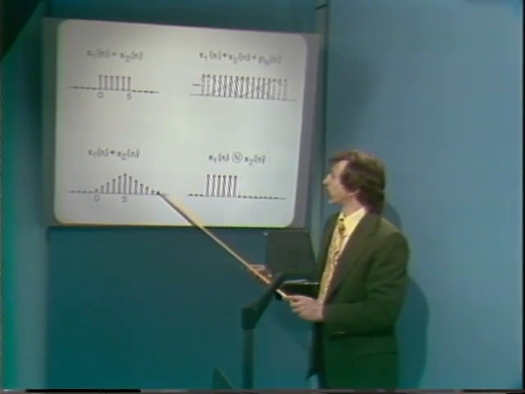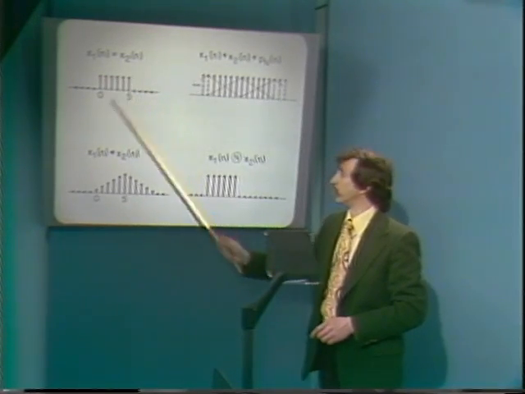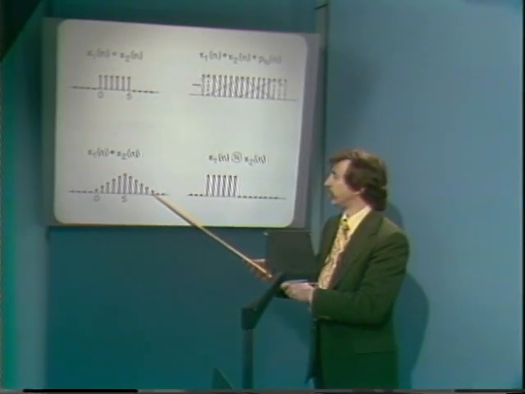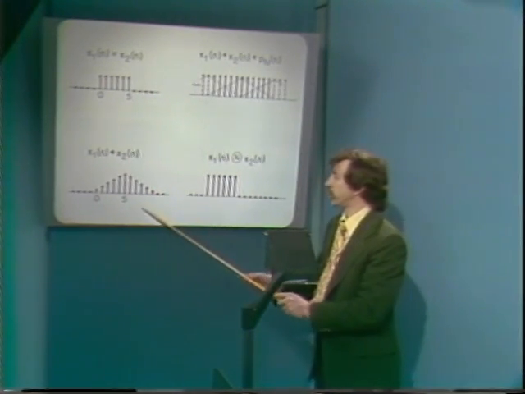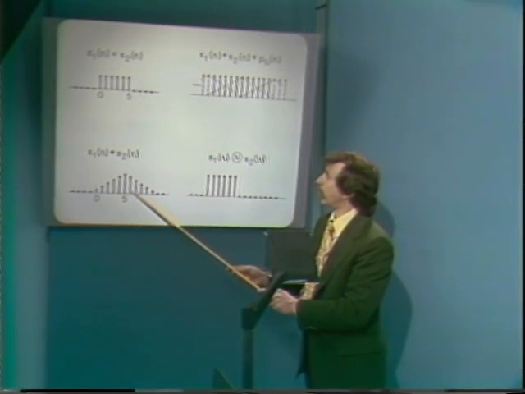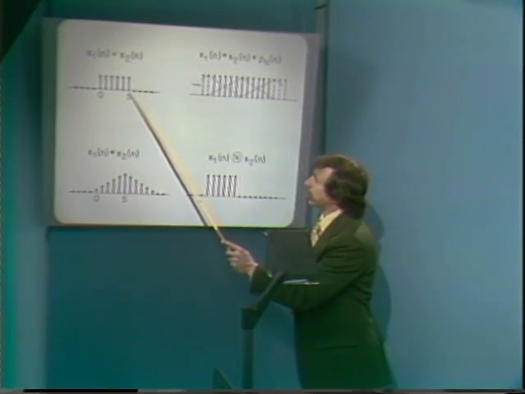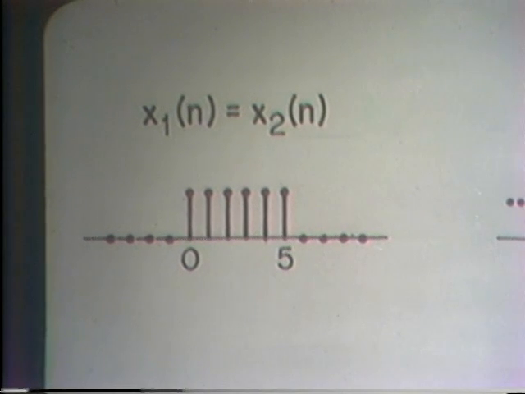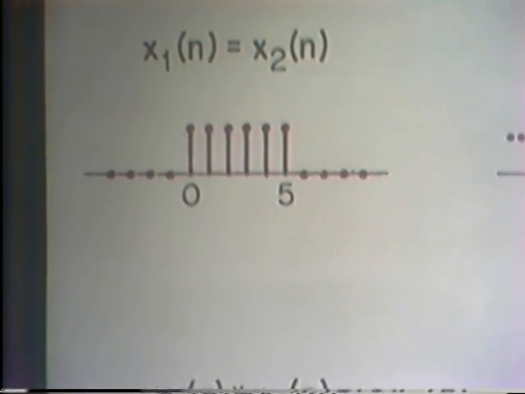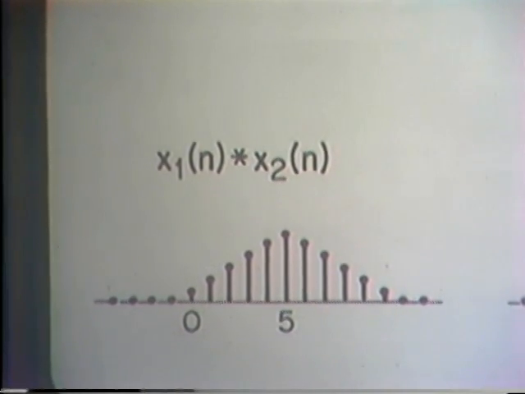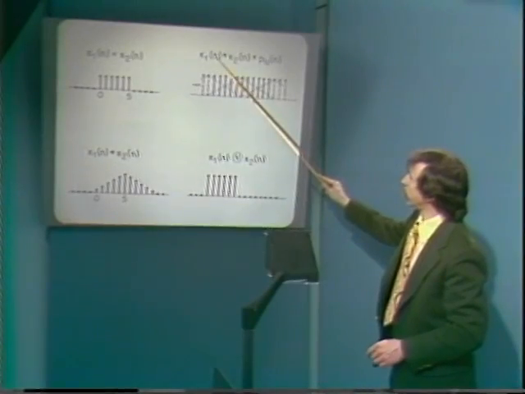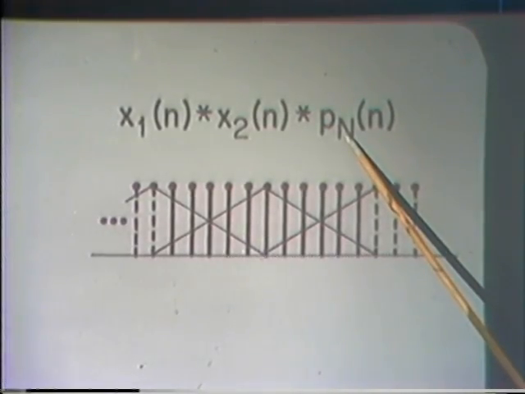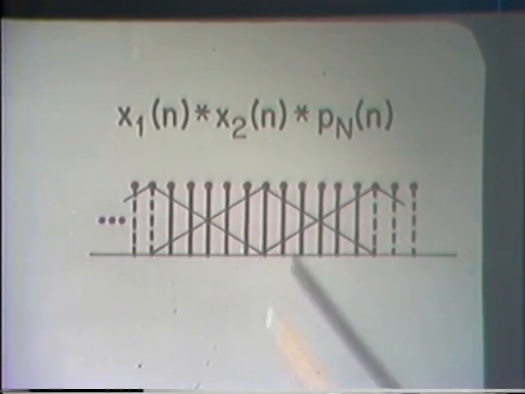Well, now to form the circular convolution of x1 of n and x2 of n, what we need to do is repeat this triangular sequence over and over again, add it to itself with a delay of capital N, and capital N in this case is 6, so we want this sequence repeated over and over again and added to itself with a spacing of 6 and then 12 and then 18, etc. Or equivalently, we want the linear convolution convolved with a pulse train where the spacing of the pulses is capital N, which in this case is 6.